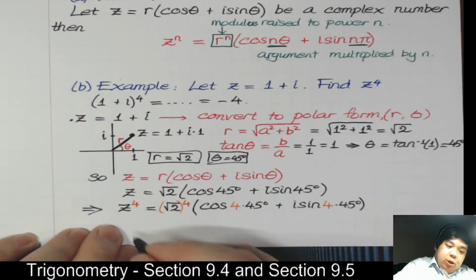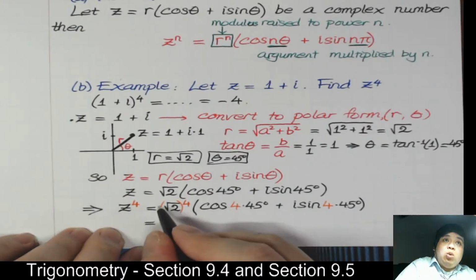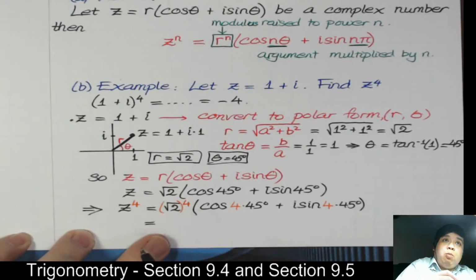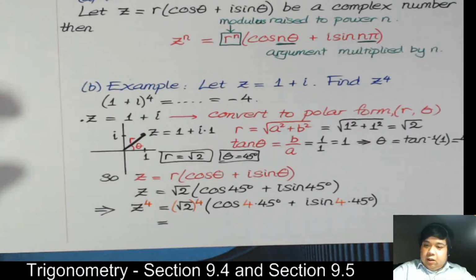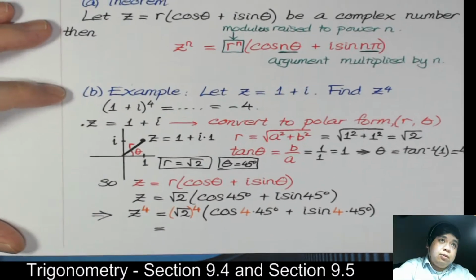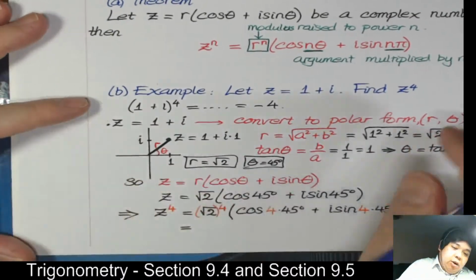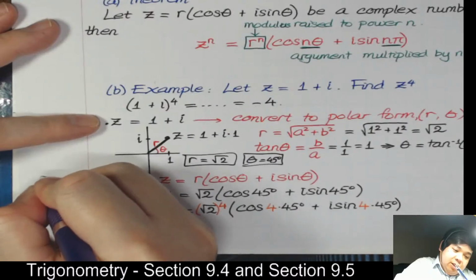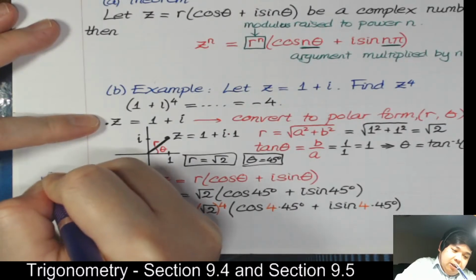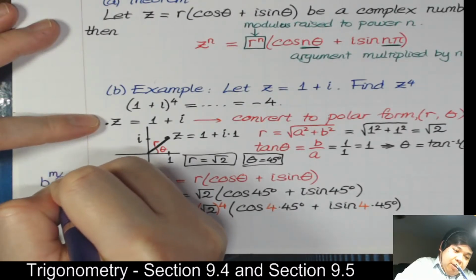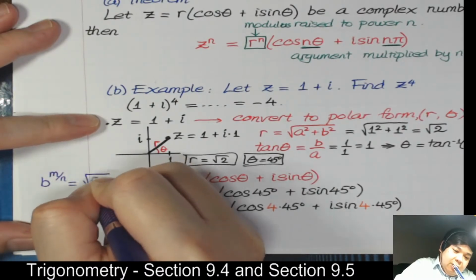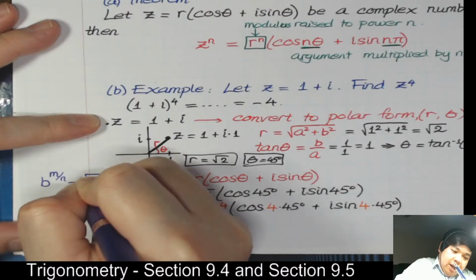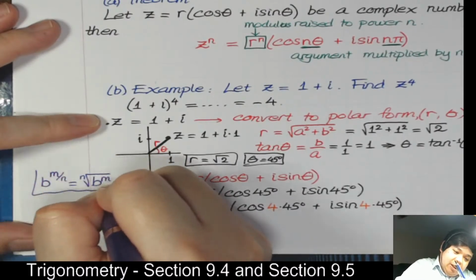And then square root of 2. If we rewrite, square root is equivalent to power 1/2. In general, if we have a number to the power m over n, it is the same as the nth root of the number to the m.